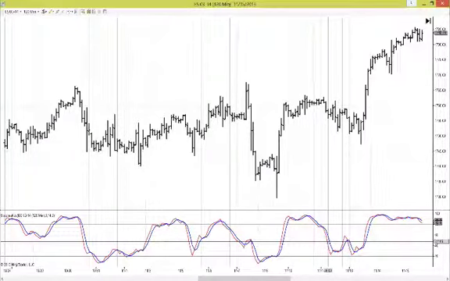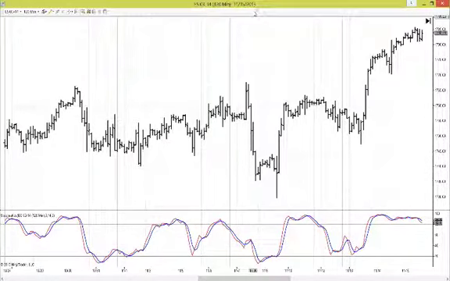Now, TMT will strongly suggest that you wait until both lines come out of the overbought or oversold zones before entering the market. That will help you minimize the amount of false signals.